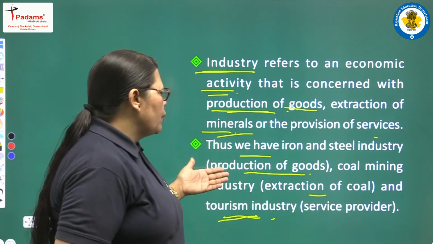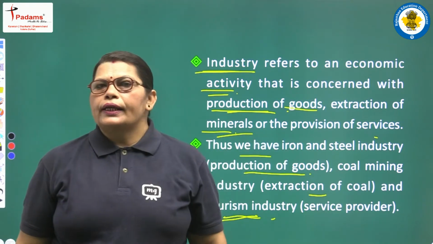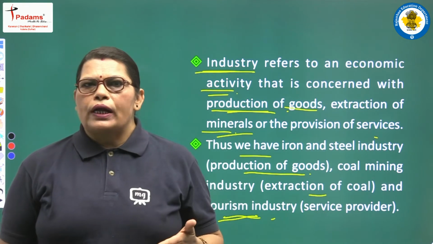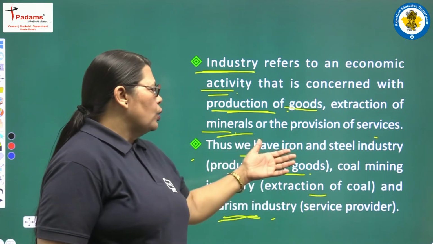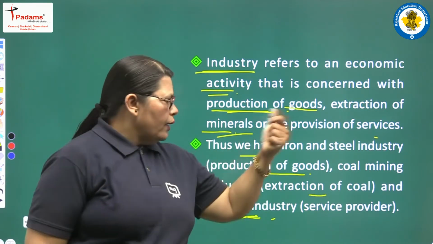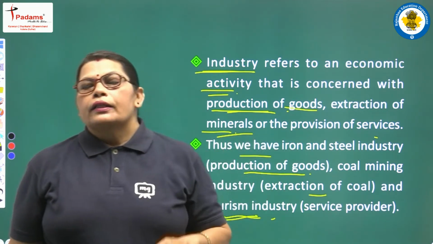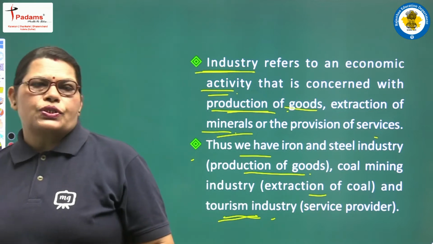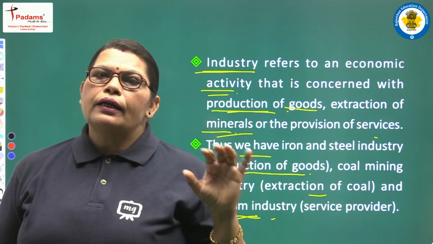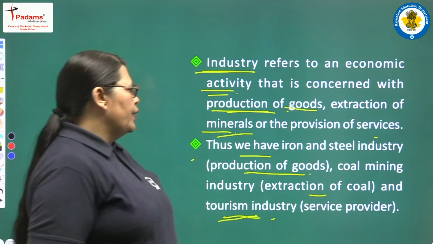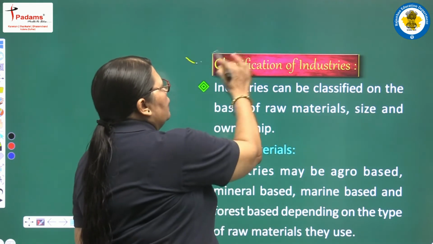When we are talking about the iron and steel company, we will discuss TISCO also here. It means all these are products, the goods. And the main purpose of the coal mine industries is to extract coal from the different ores. So this is the main thing.